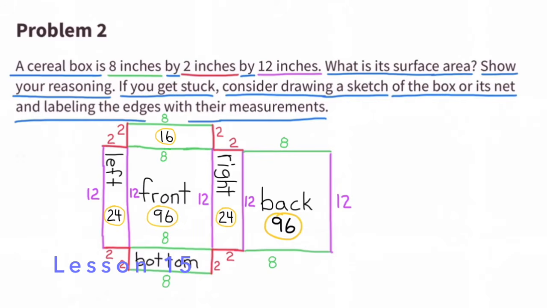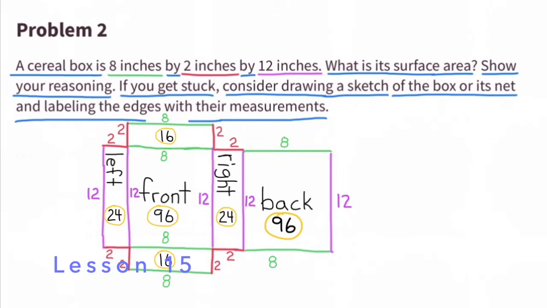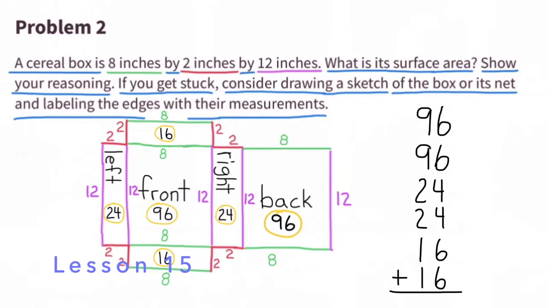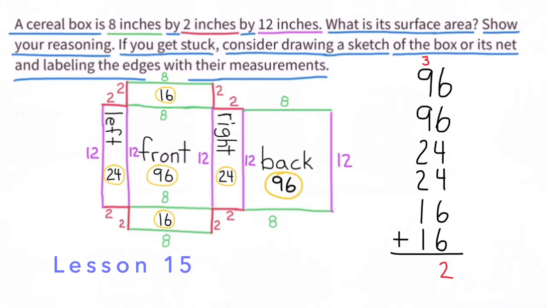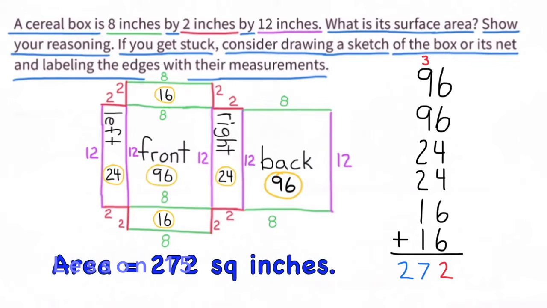And 8 times 2 is 16, so both the top and the bottom are 16 square inches. Add all of those individual surface areas together and you'll have the surface area for the whole figure. The total surface area is 272 square inches.